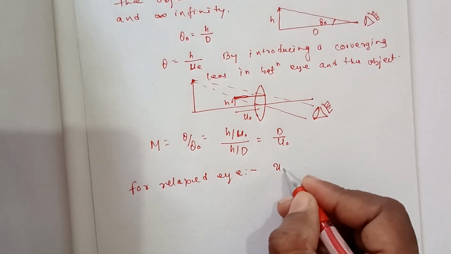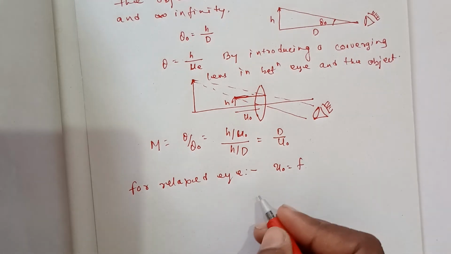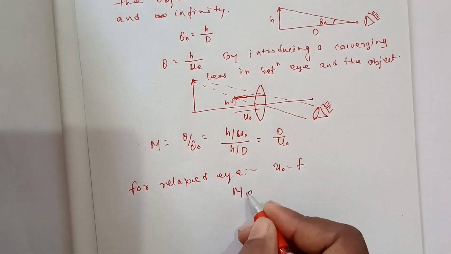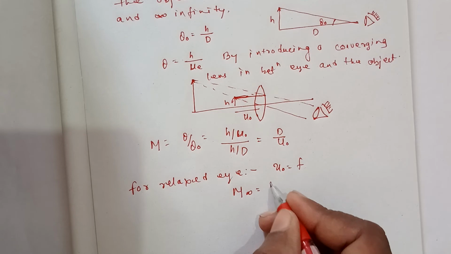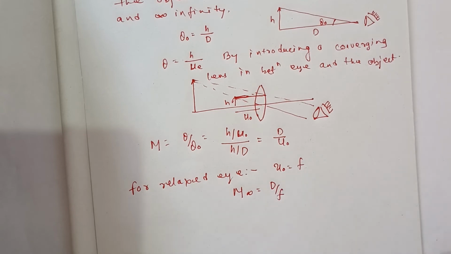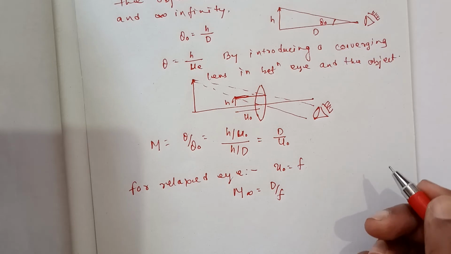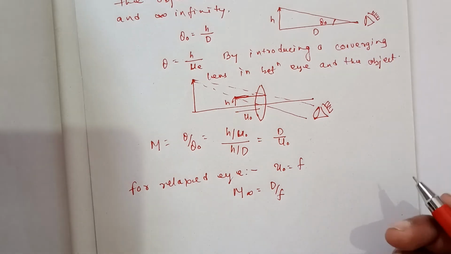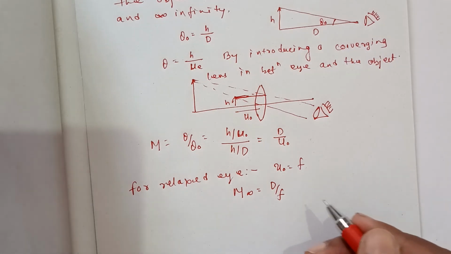And the two cases that we are going to discuss here: first, magnification for relaxed eye. So u naught is equal to f, that means M infinity is equal to D by f. So for relaxed eye, the object must be placed at infinity, right?